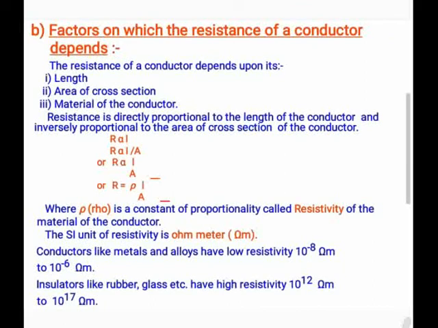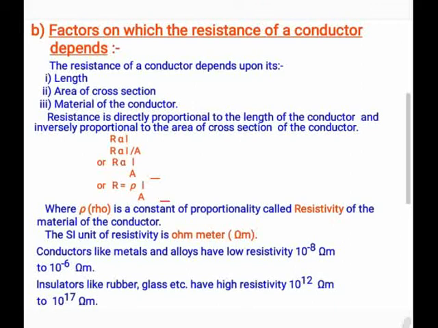Factors affecting the resistance of a conductor. The following factors affect the resistance of a conductor: first, length of the conductor; second, area of cross section of the conductor; third, material of the conductor. First, length. The resistance of any conductor is directly proportional to the length of the conductor.